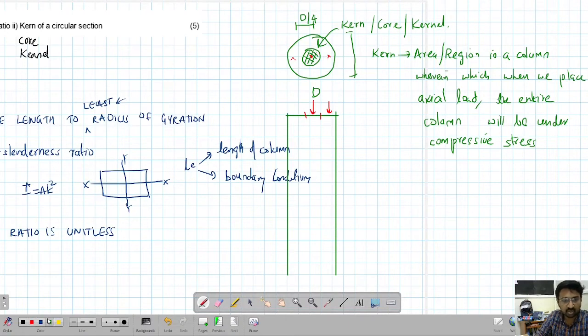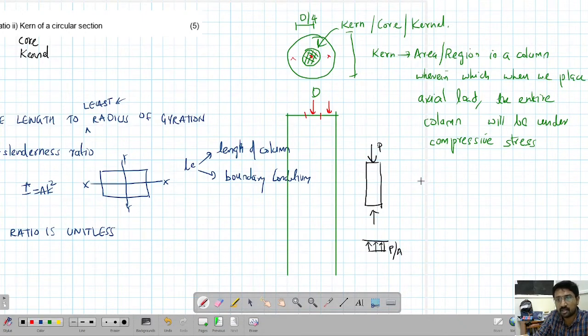So when the load is at center, we have total compressive load in the column. If I call this P, it is P by A compression.